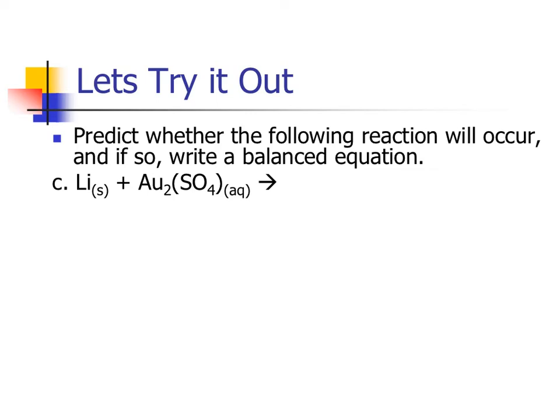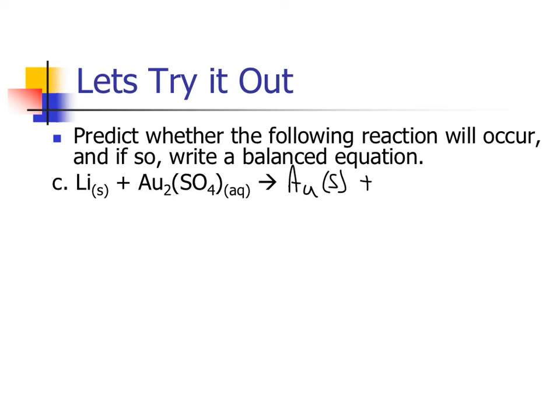So we know gold is going to get kicked out of this one, and gold is going to be hanging out by itself now, which is normal because that's what we see. Then lithium is going to react with the sulfate. Now, when we look at where this 2 came from, it came from sulfate.